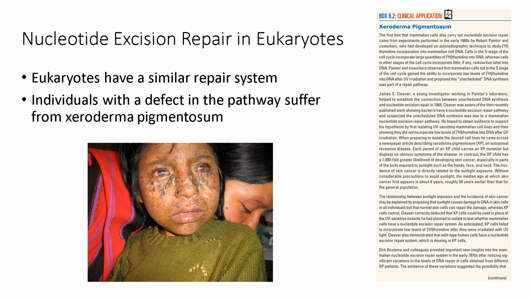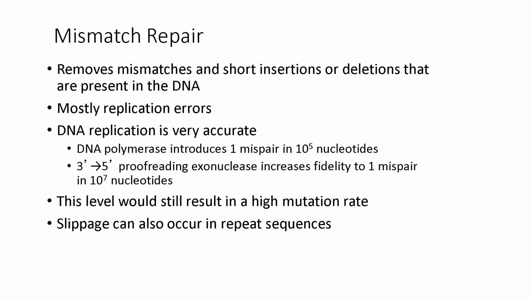Patients with this condition are extremely sensitive to UV light because their cells cannot repair thymine dimers, leading to high rates of skin cancer. This clinical correlation underscores the importance of proper nucleotide excision repair in maintaining genome stability and preventing cancer. Mismatch repair corrects errors that escape proofreading during DNA replication.